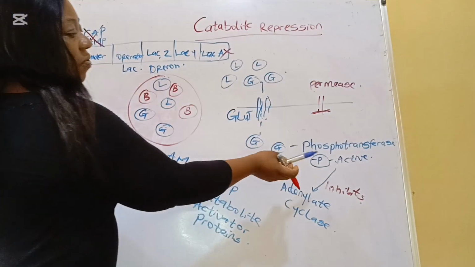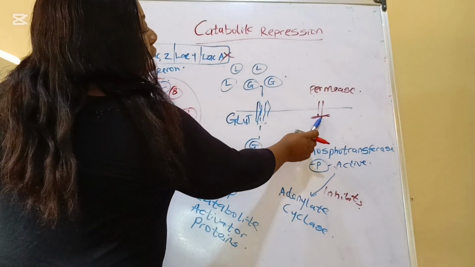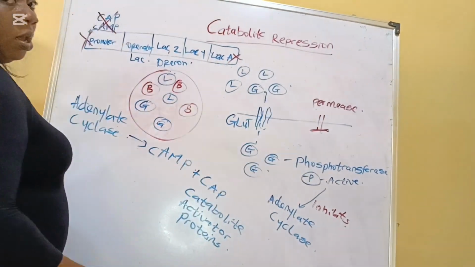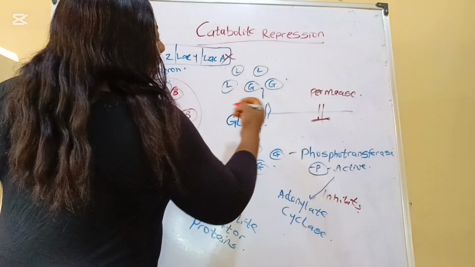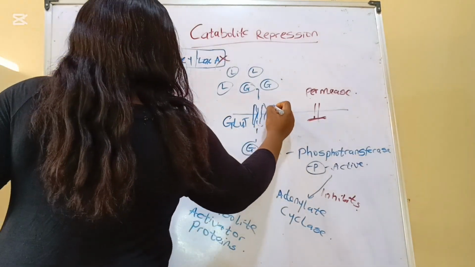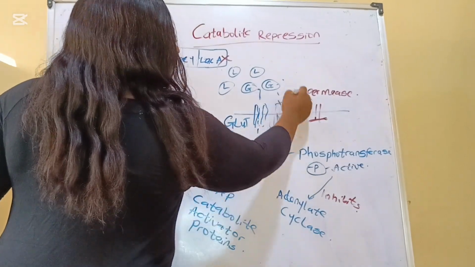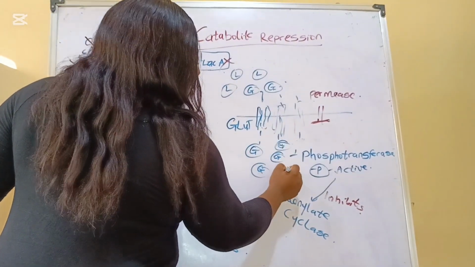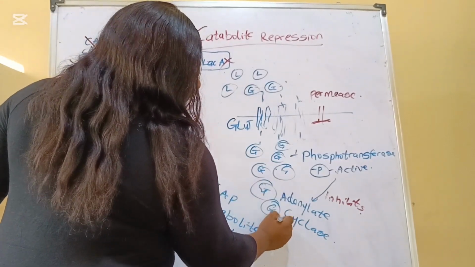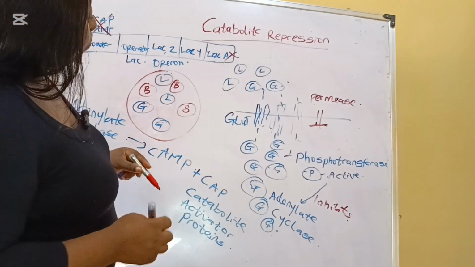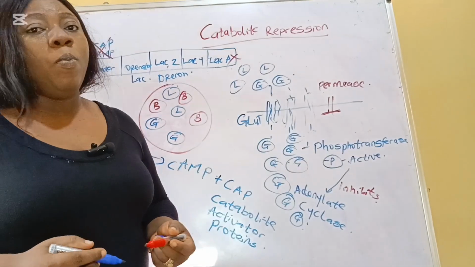But upon activation of this phosphotransferase enzyme, it helps to block the entry of lactose into the cell, and it also increases the entry of glucose into the cell. So we have more glucose entering the cell, which will be readily used by the bacteria for their metabolism.